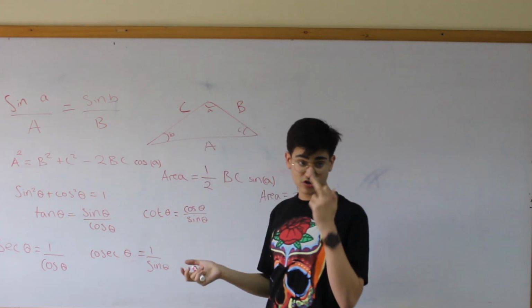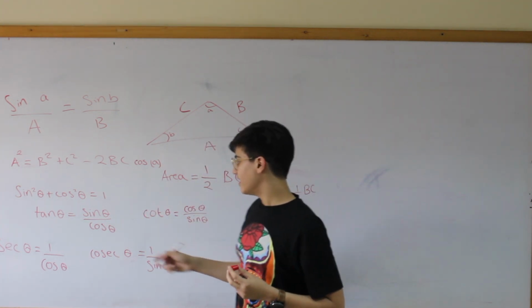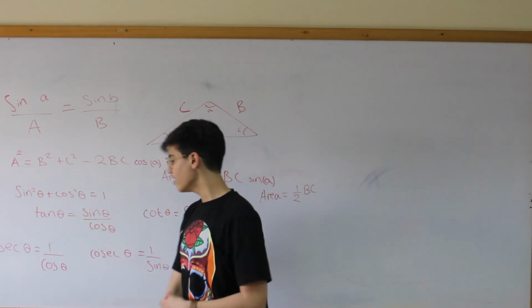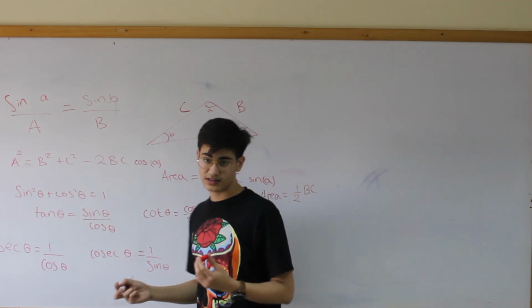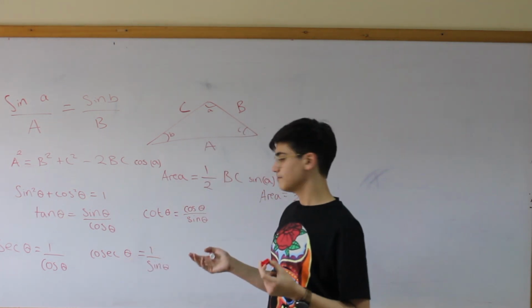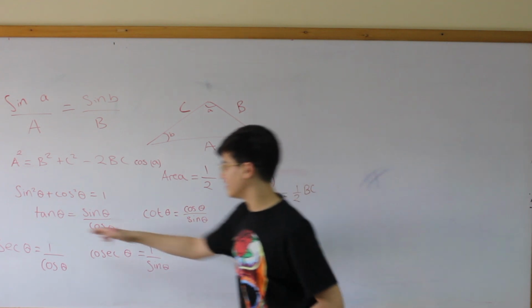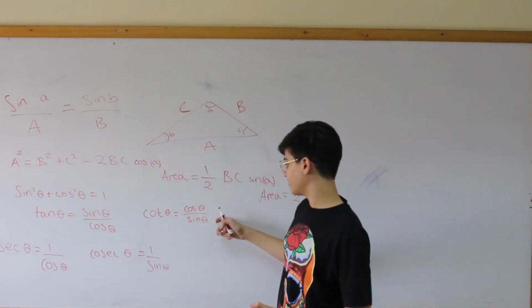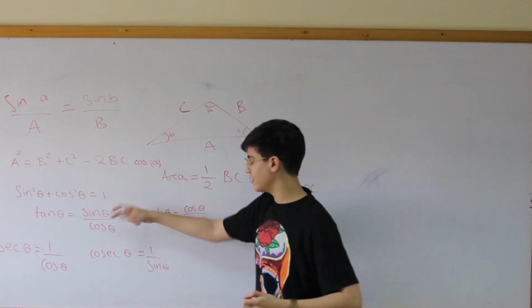And then another important trigonometric identity is tan of theta is sine of theta over cosine of theta. And again, you must know this. And then if tan of theta is equal to that, then cotan of theta is equal to cosine of theta over sine theta, which is basically just the inverse of this.